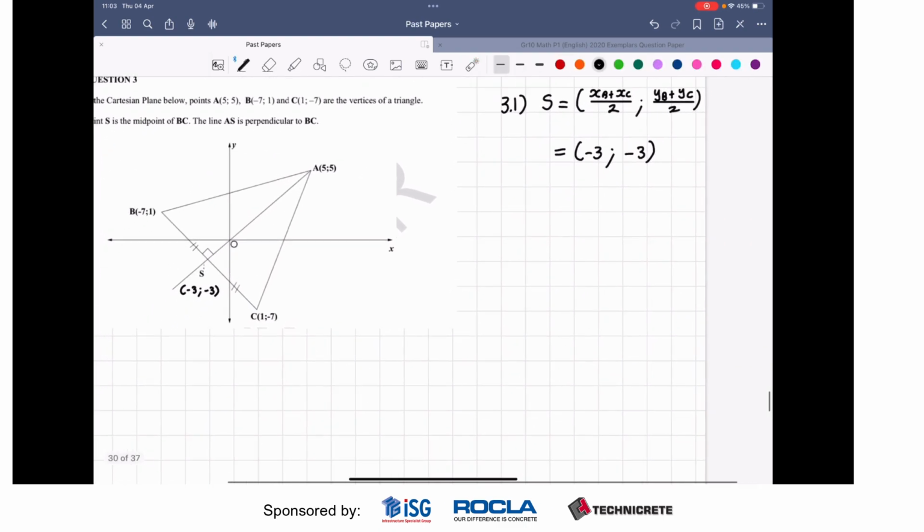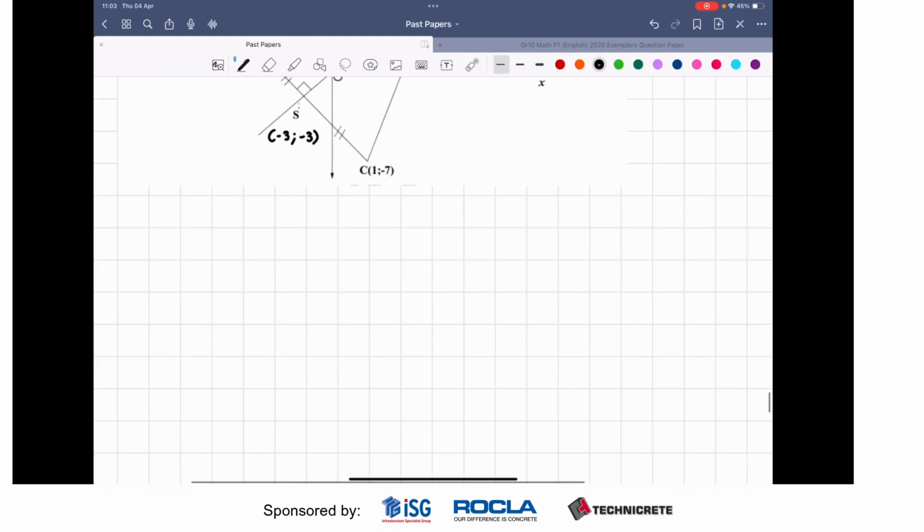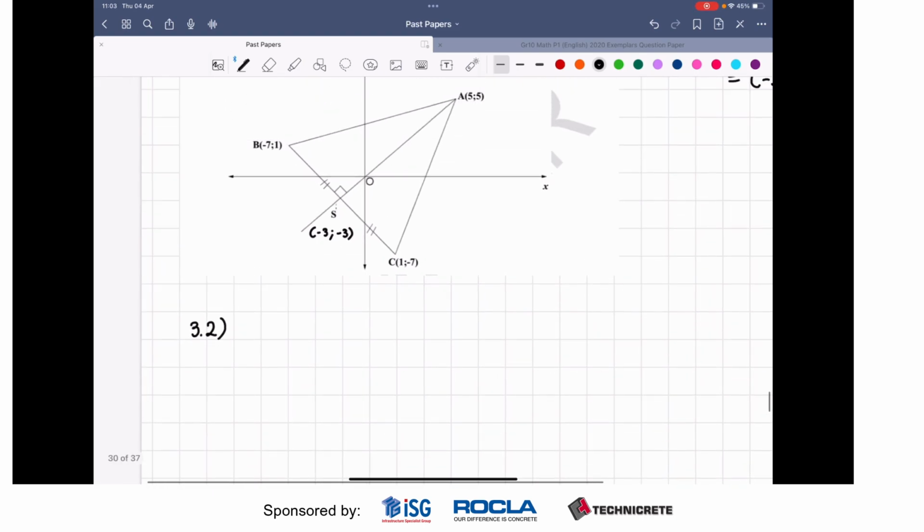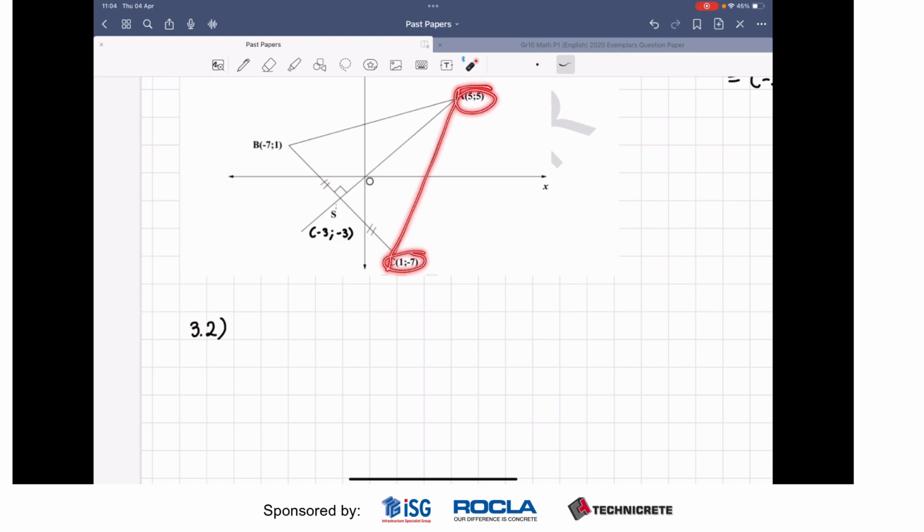Then the next part, 3.2, I'm asked to determine the gradient of the line AC, which is this line here, and I've got a straight line and I know both of the points on the line, so I know that the gradient is just going to be the rise over run, which is the same as saying that the gradient is the change in y over the change in x.